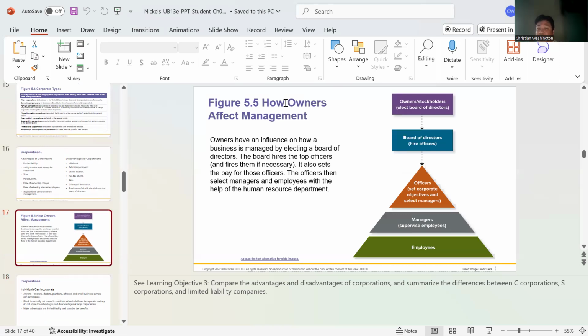Talking about corporations generally, you have the shareholders, you have the board of directors who are responsible for hiring the officers, and then you have the CEO, the C-suite or C executives: the chief executive officer, chief technology officer, chief operating officer, chief financial officer.